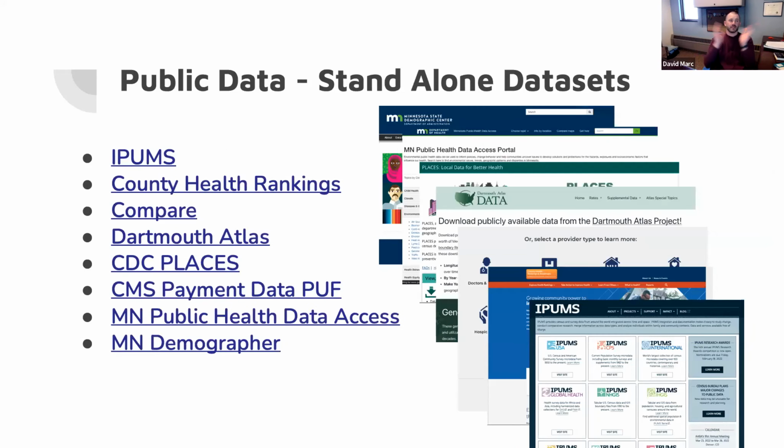IPUMS is one of the first data sets that I've used regularly. It provides census and survey data from around the world. And there's one data set in particular that I find is really useful for a healthcare focus.